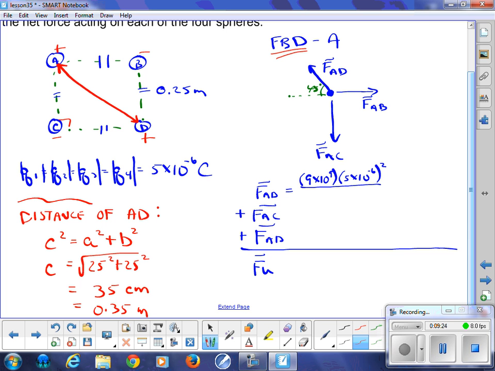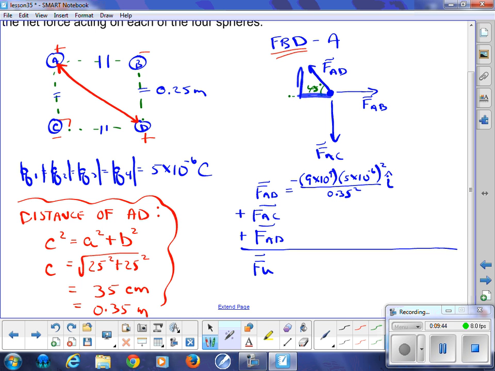I need that in order to continue my calculation. So that would be over 0.35 squared. Now that is going to be negative, again, remember our vectors, negative x component, positive y. So I've got to put that negative in.